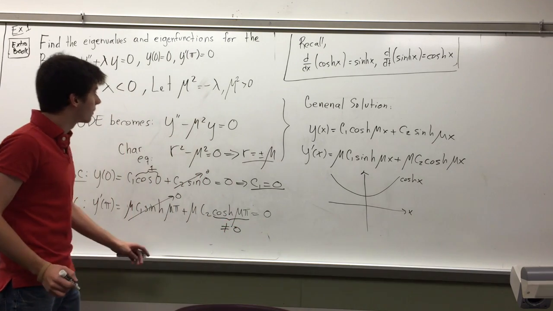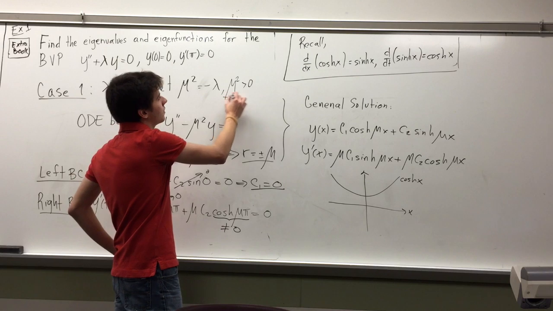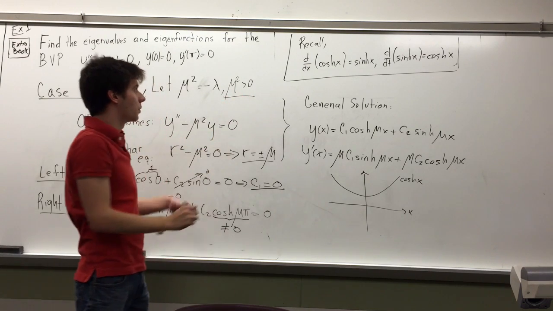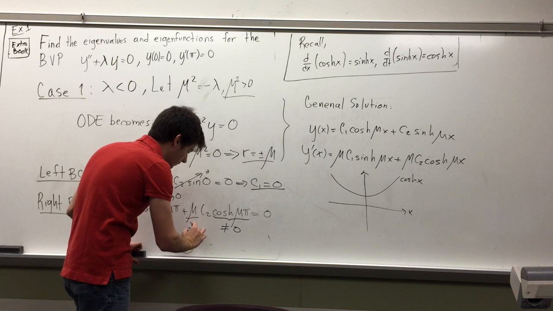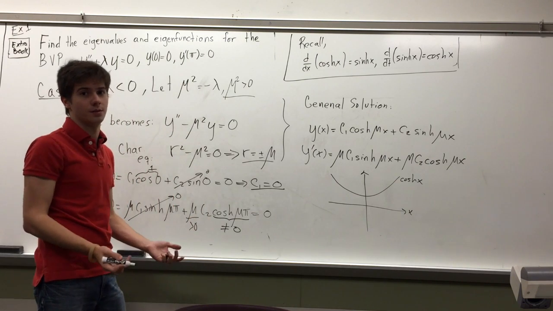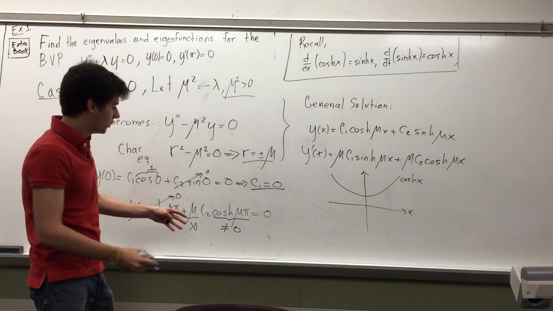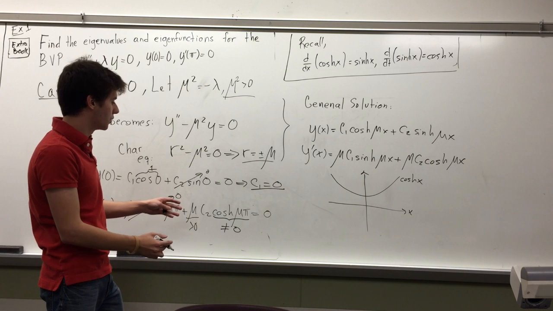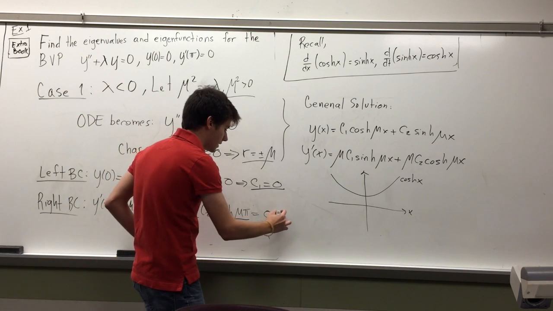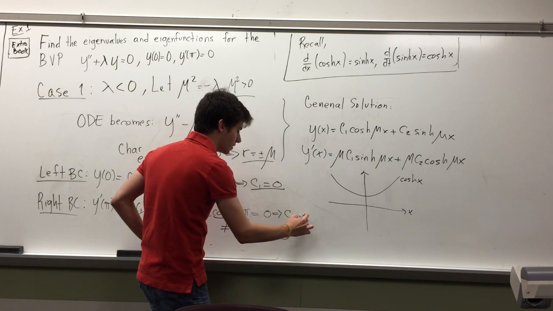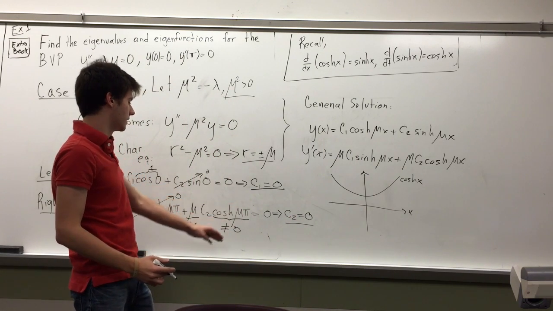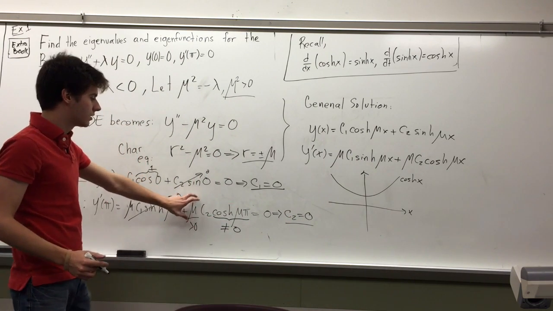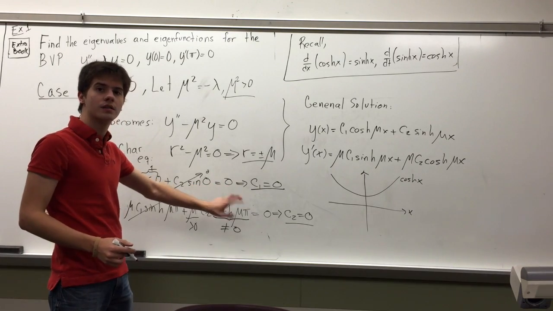Furthermore, we know that mu squared is greater than 0, so mu is greater than 0. Since mu is greater than 0, it is not equal to 0. And since the only thing that can make the equality true is that C2 is equal to 0, we need C2 to be 0, because mu is not 0 and cosh of mu pi is not 0.